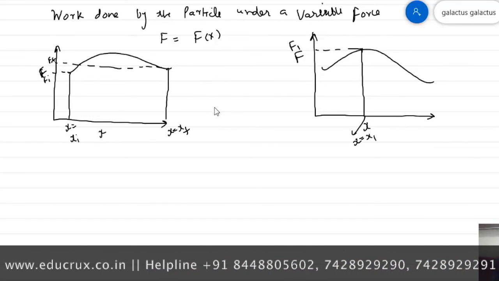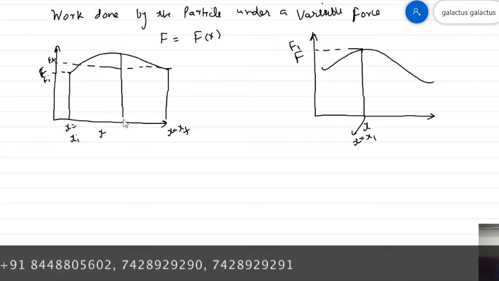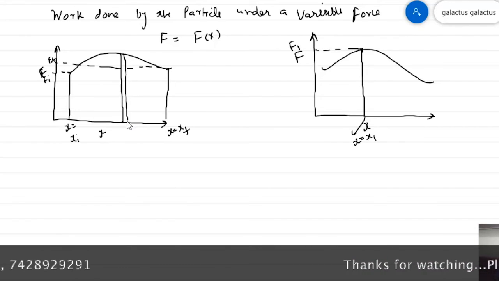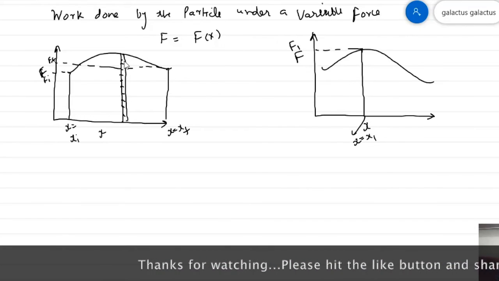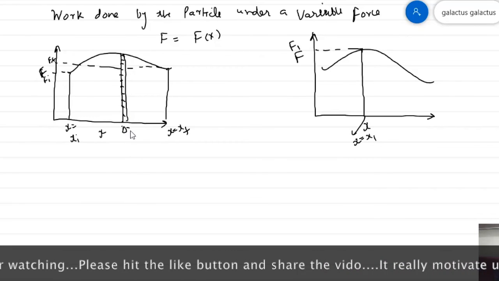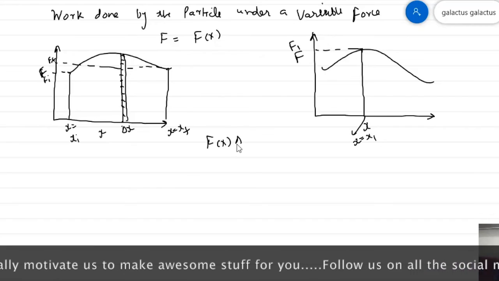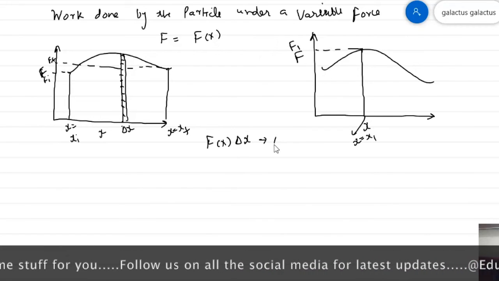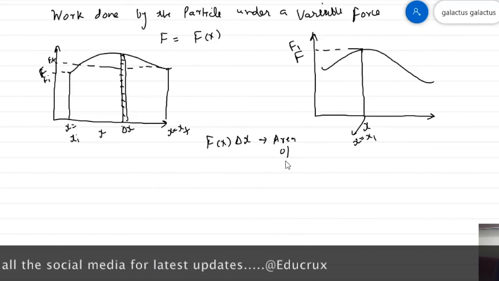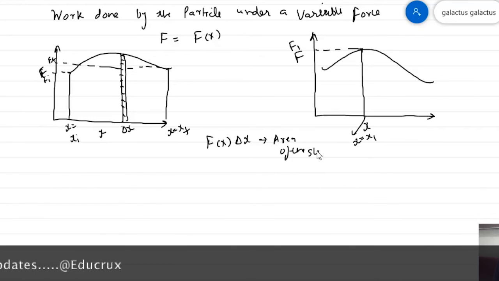So if I now take a vertical small strip of width delta x, then the quantity F(x) delta x represents the area of the strip.